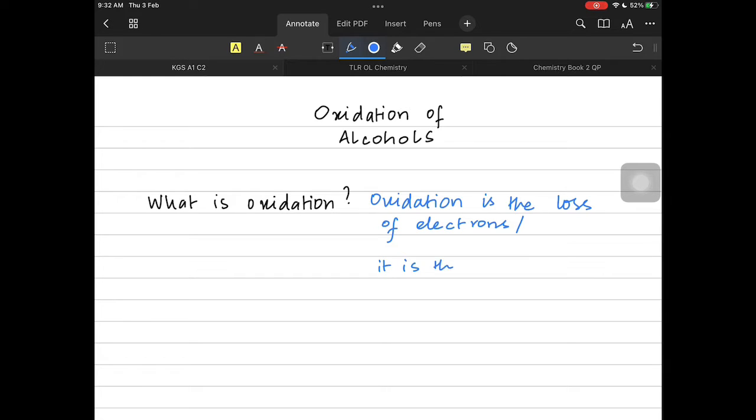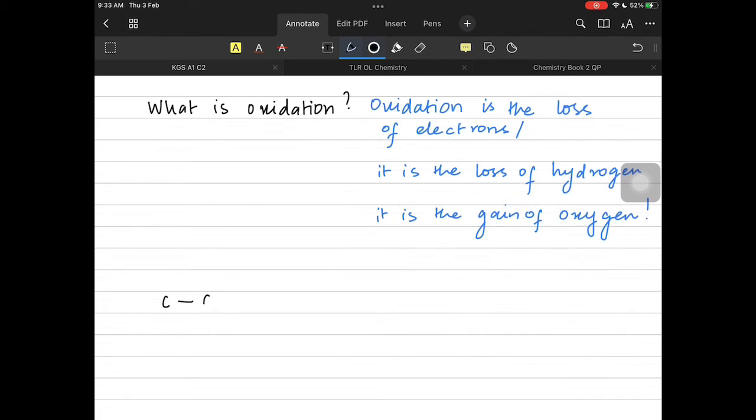Similarly, oxidation is also the loss of hydrogen atoms. So loss of hydrogen. And the third definition is the gain of oxygen atoms, or you can simply say oxygen over here.